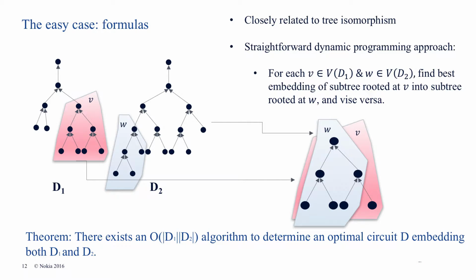The first thing to look at is that if our graphs are formulas, so that they are trees, then a straightforward dynamic programming approach gives us an optimal solution, and it's not too expensive. We have a theorem that there exists an algorithm of this cost that gives an optimal circuit embedding of D1 and D2.